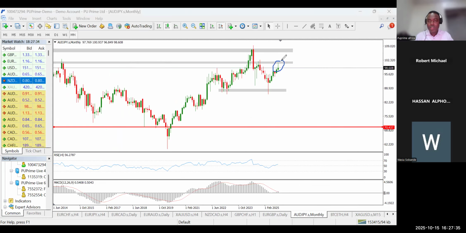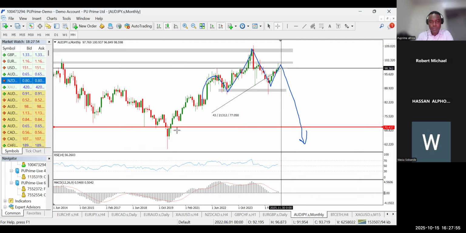But if it closes with this rejection candle by the end of the month, I'm seeing the formation of a shoulder, a head, a second shoulder, and a massive breakout on AUD in the coming months. It's going to span nothing less than 3 months, and it will sell to the tune of about 3,000 pips. But it's still futuristic. But I'll show you the ones that have happened in recent time.